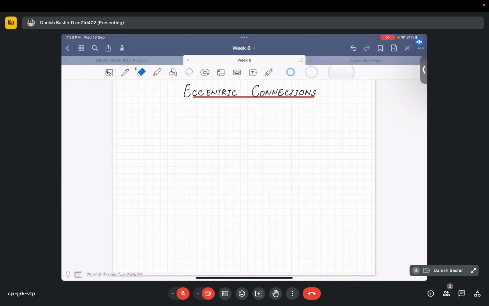So what is actually an eccentric connection? For example, we have a column section like this. It is connected on both sides like this, and on this side as well. Some beam or plate is attached to it in this manner, and some load is acting on it at some eccentricity from the central axis of this column.